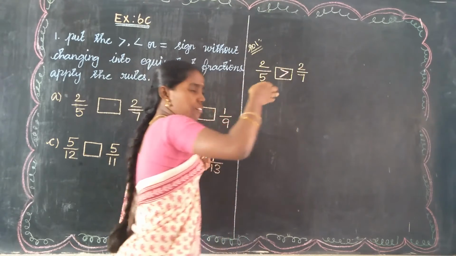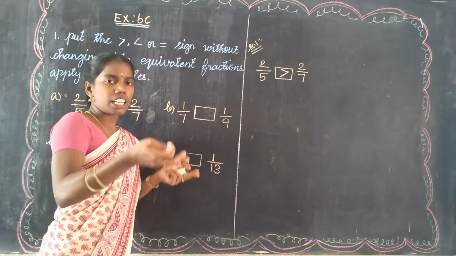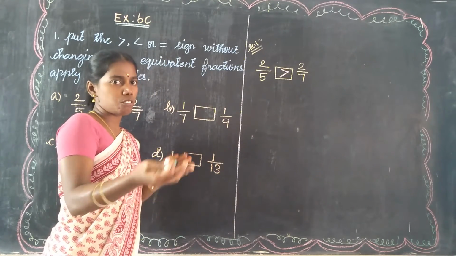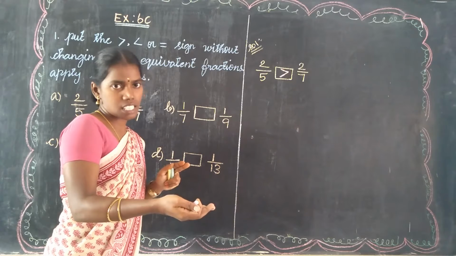The numerator value is equal. Next consider the denominator value, first fraction 5 and second fraction 7.